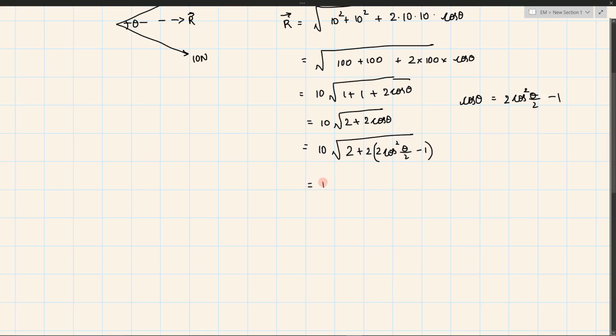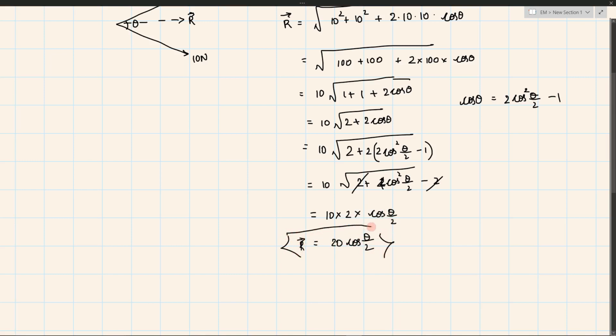So that is nothing but 10 into square root of 2 plus 2 cos square theta by 2 minus 2. So plus 2 minus 2 gets cancelled. So I'll have 2 plus 2, that is 4. Square root of 4 is 2. 10 into 2 into cos theta by 2. This is nothing but 20 cos theta by 2. So this will be the magnitude of the resultant.